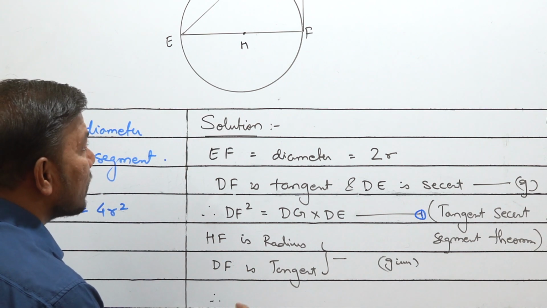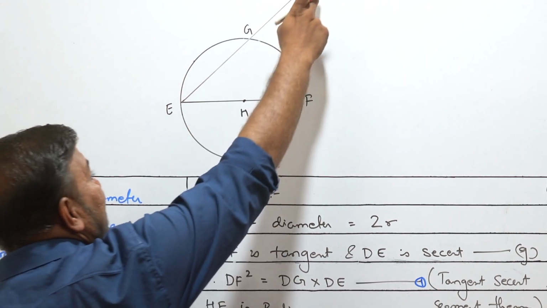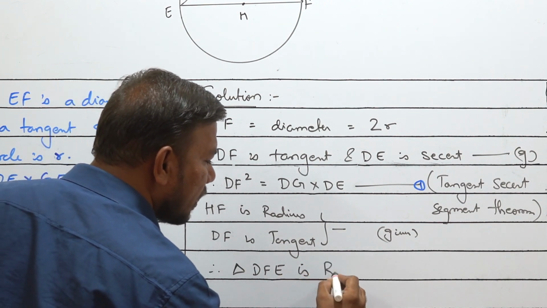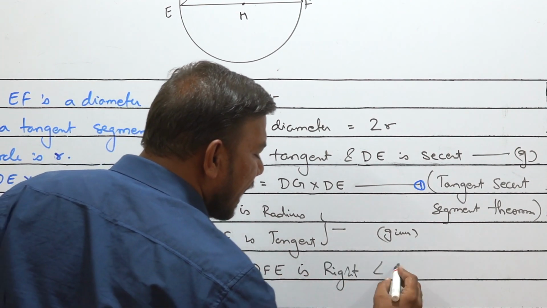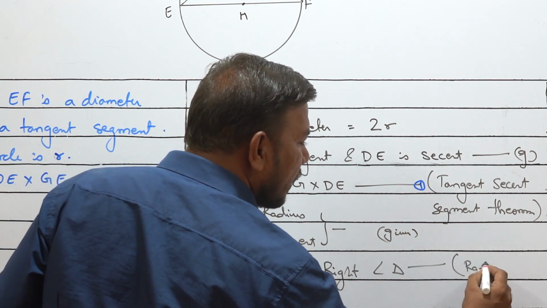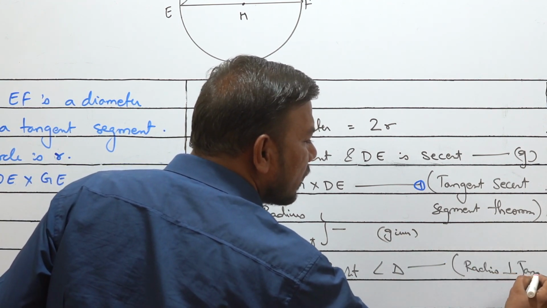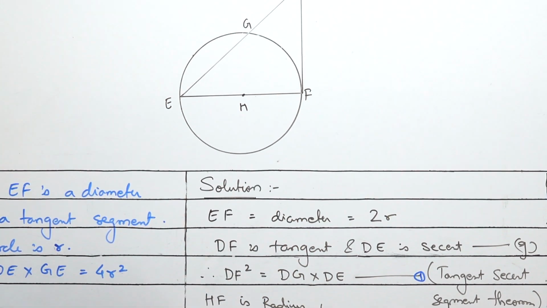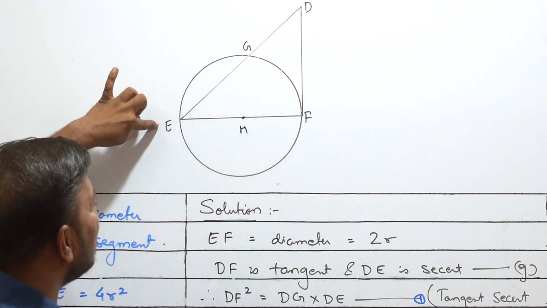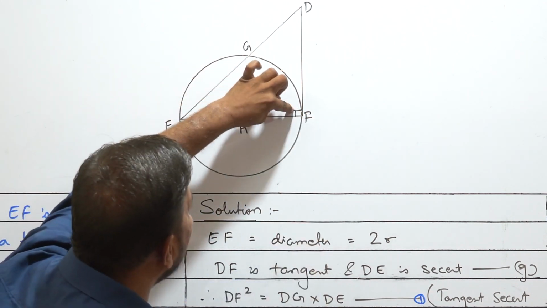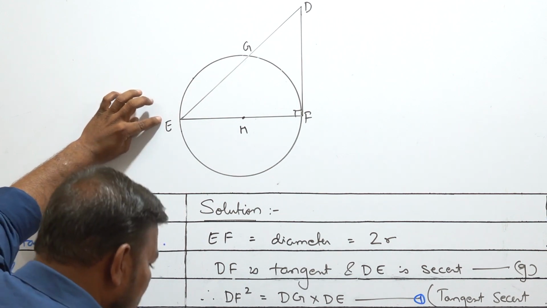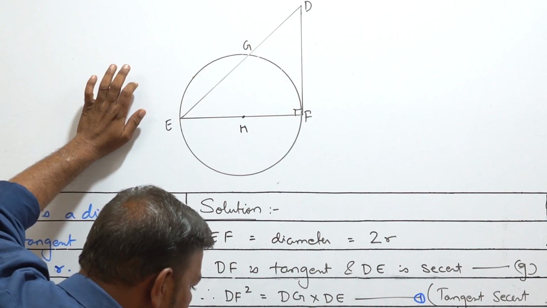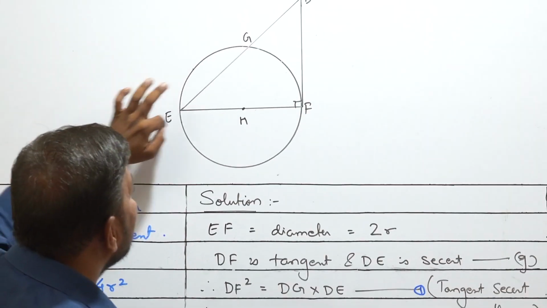Therefore triangle DFE is a right angle triangle. Reason: radius is perpendicular to tangent. Fine. Now if DFE is a right angle triangle, who is the hypotenuse here? DE. That is, DE square is equal to DF square plus EF square.